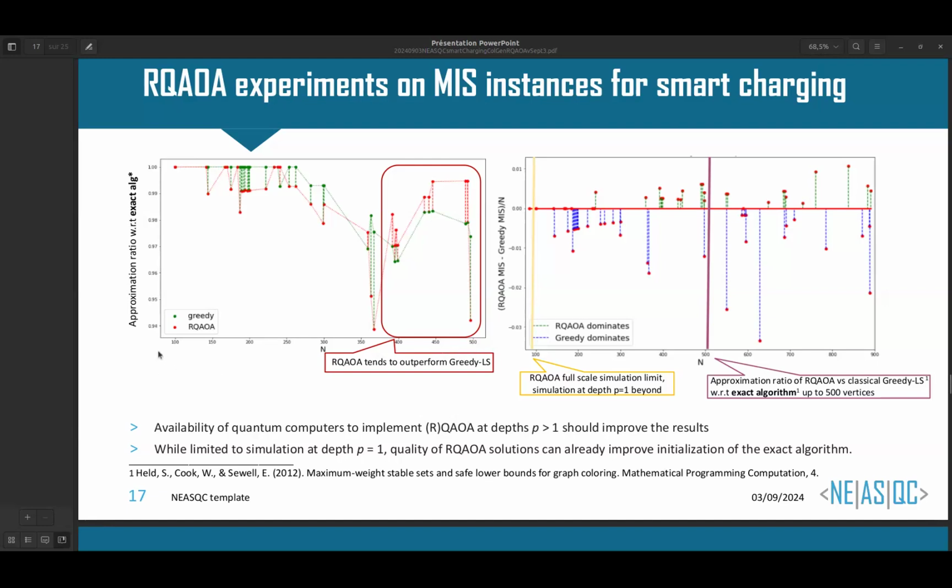On the y-axis is the approximation ratio with respect to the exact algorithm. In pink, it's the recursive QAOA. In green, a greedy algorithm with a local search, which improves the basic greedy solution.